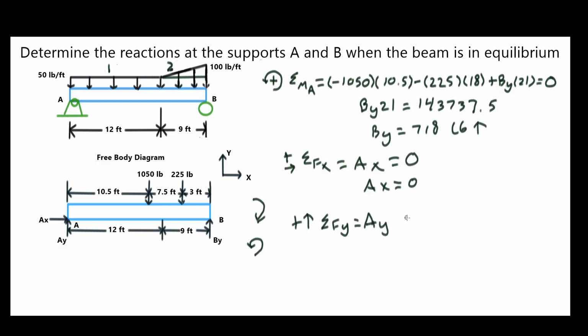So you have AY minus 1050 minus 225 plus 718, and that's going to be equal to 0. And then that gives you a value, AY is equal to 557 pounds in the positive direction.